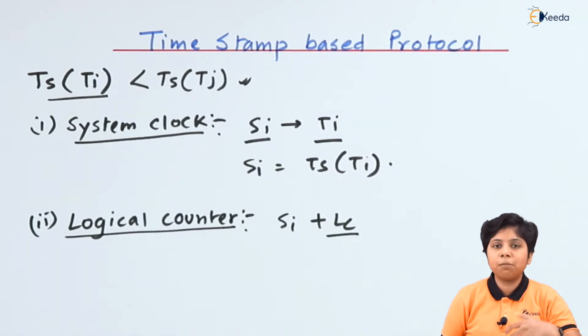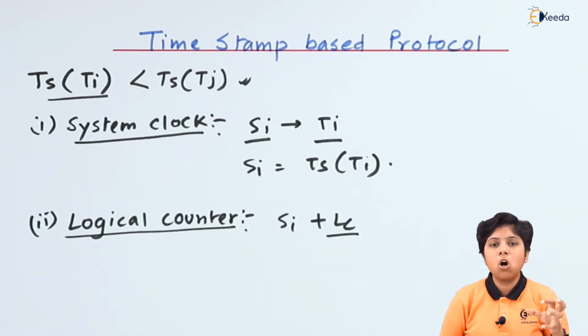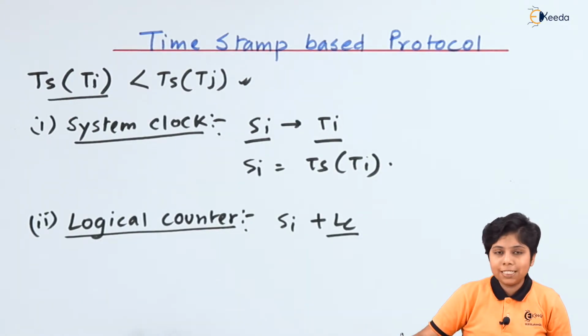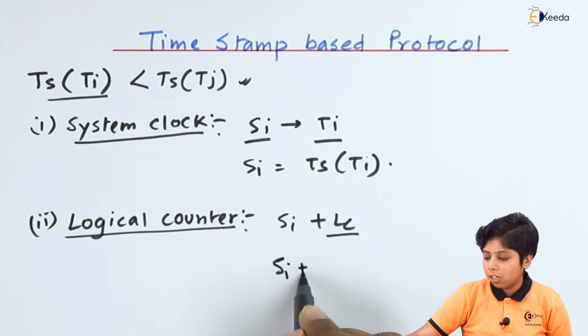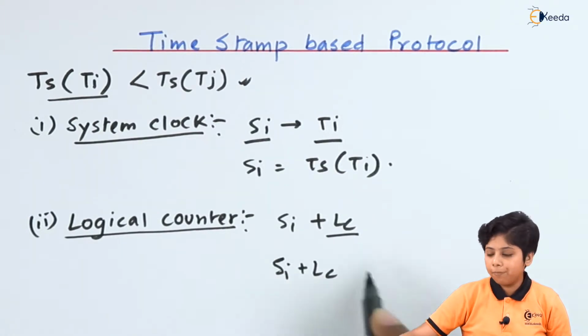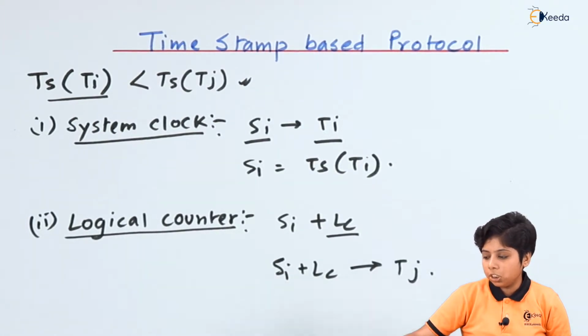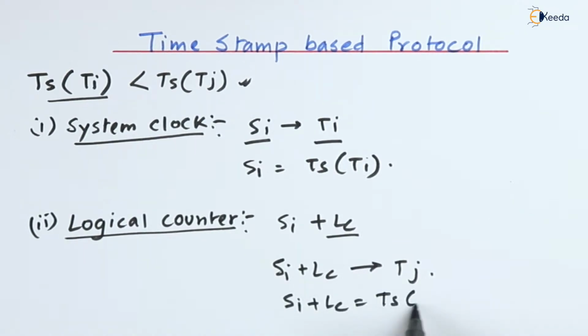So the logical counter is incremented by one with every second the transaction spends on its statements. Then at SI plus LC, the value will be entered for TJ. So now SI plus LC equals TS(TJ).